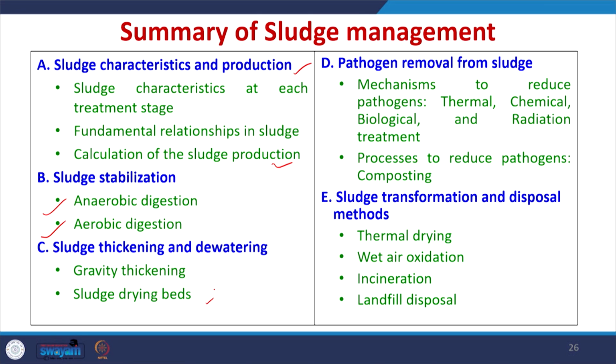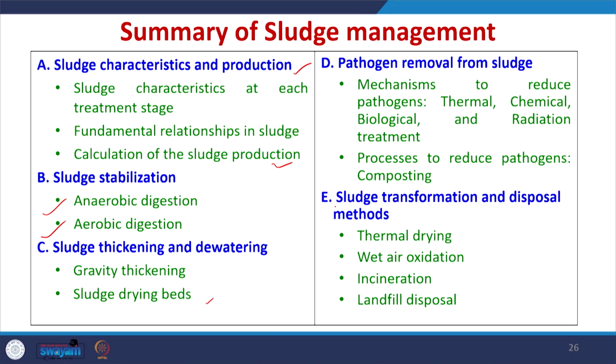Then we went on to understand how pathogen removal takes place from the sludge via various thermal, chemical, biological and radiation methods. These methods we studied, and we studied composting in greater detail, which can be used for pathogen removal from the sludge as well.